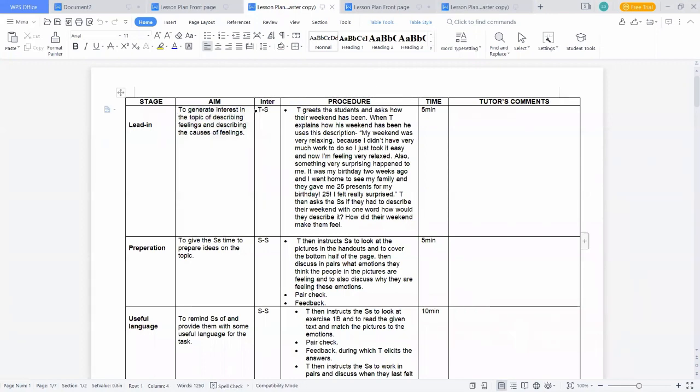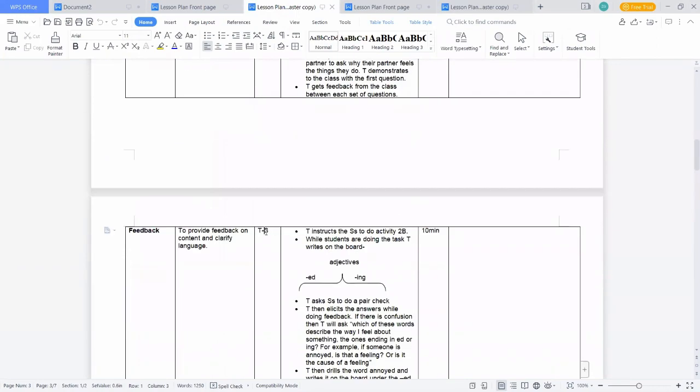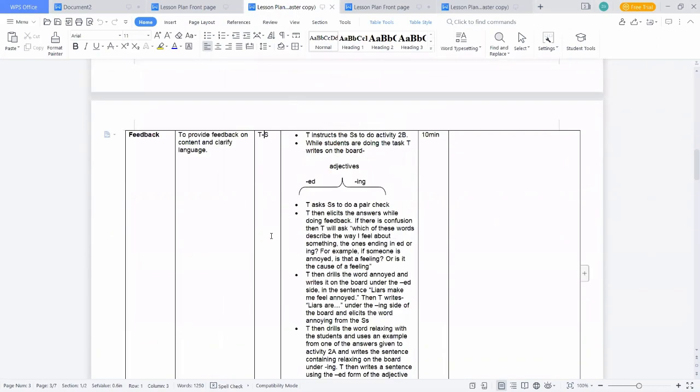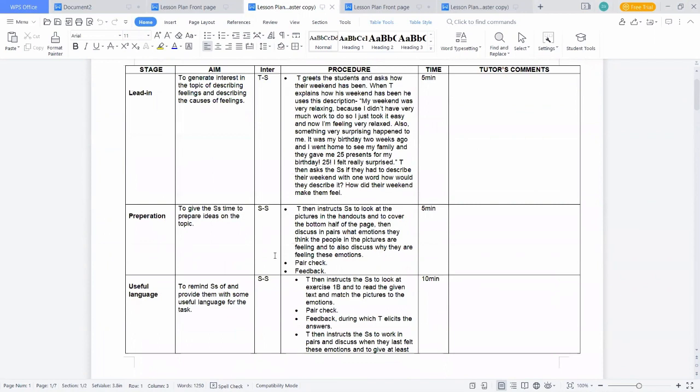You should think about the interaction. This will give you a general idea of whether your lesson is too teacher-based or whether you're keeping it interactive for your students, with student-centered lessons rather than teacher-centered. Teacher-student means the teacher is talking to the students.